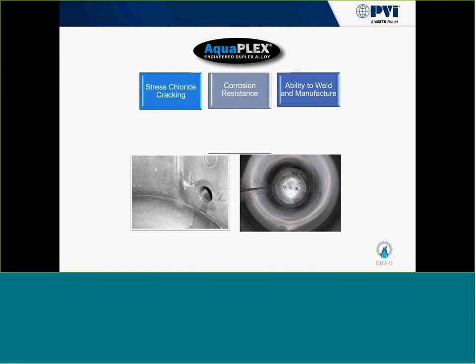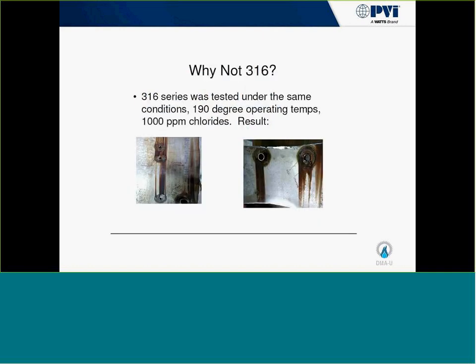So I'm going to show you another picture, and this is going to show you why you use either 400 grade or an LDX2101 duplex stainless steel type alloy in a domestic water heating application versus 300 grade. But it's the process of manufacturing it, not just the material. And this is a picture of the exact same test with a 300 grade.